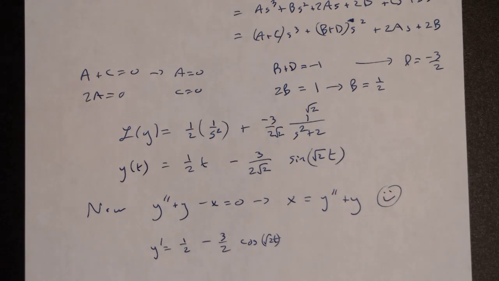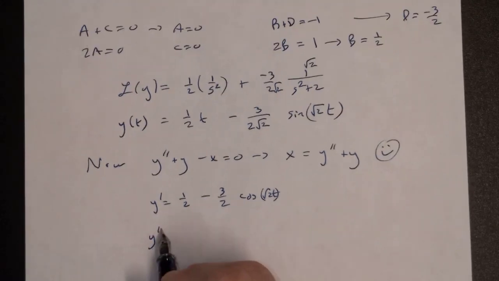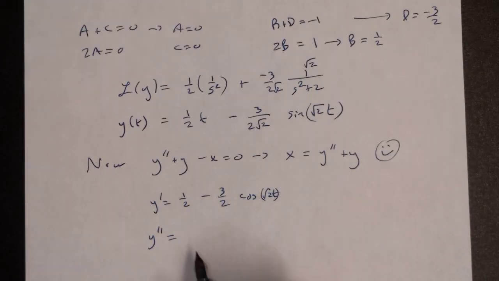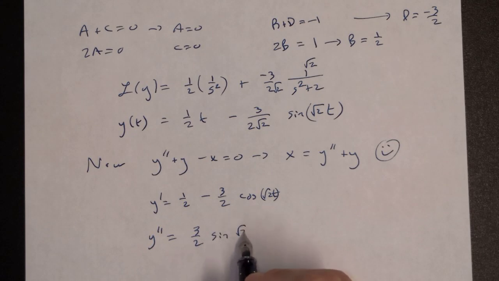But that's y prime, and I need y double prime. Derivative of 1/2 is 0. Derivative of cosine is negative sine. So I get plus 3 over 2 sine root 2t. Oh, right, times another root 2.